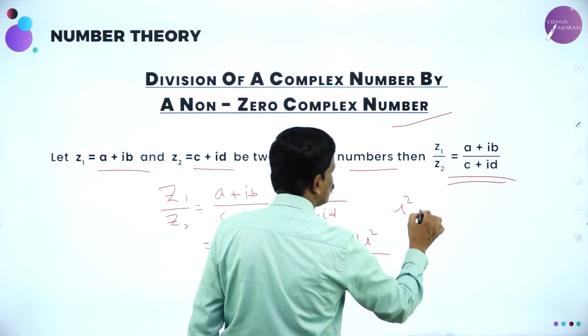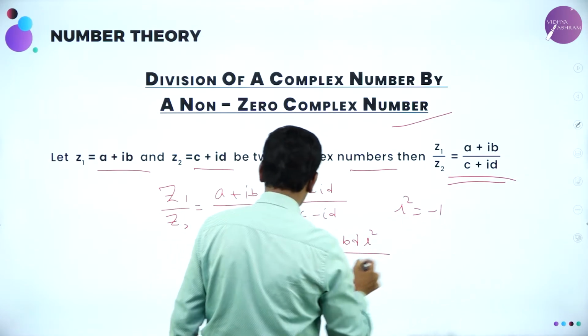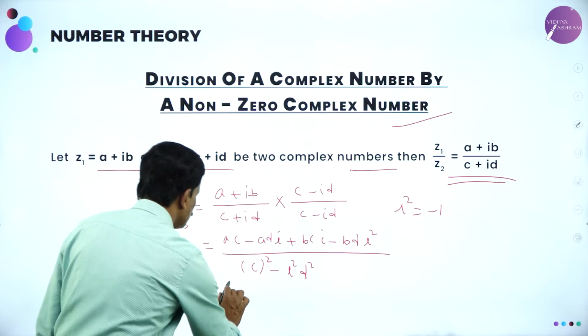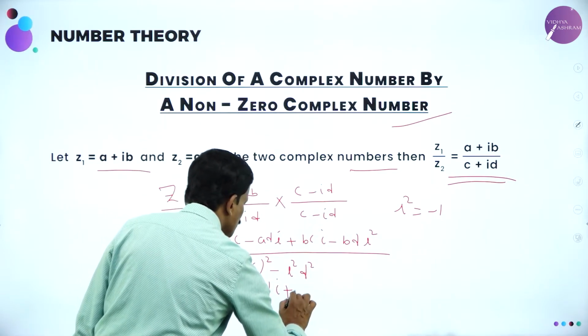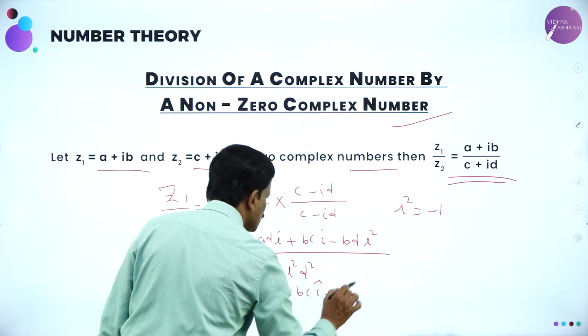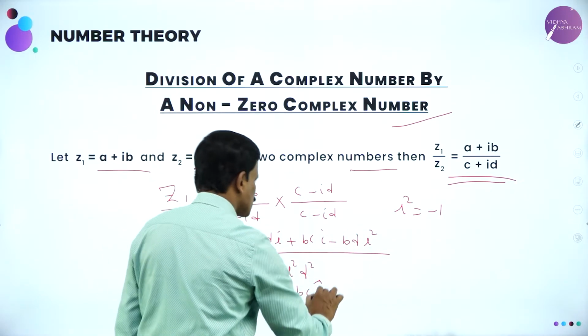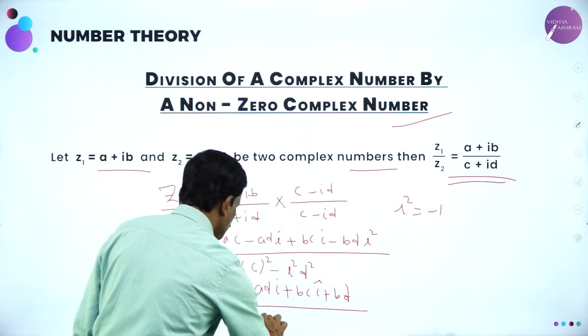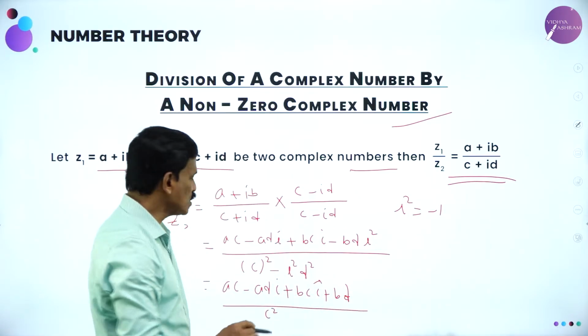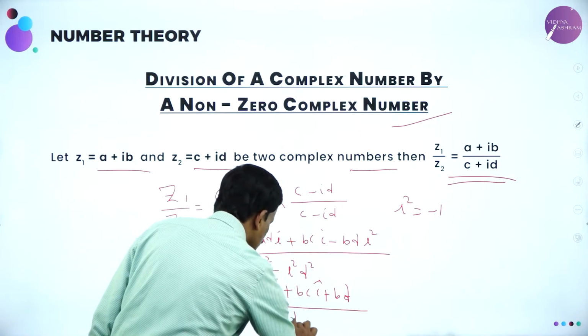Since we know i square is equal to minus 1, substitute here. So this is equal to ac minus ad into i as it is, plus bc into i as it is, and minus i square is minus 1, so minus bd into minus 1 becomes plus bd, divided by, in the denominator, c square, i square is minus 1, minus into minus plus d square.